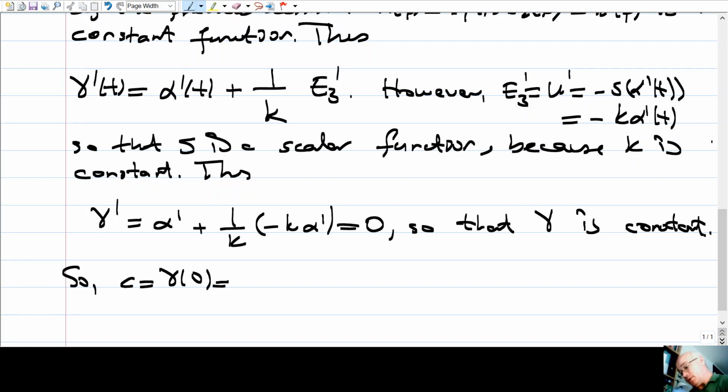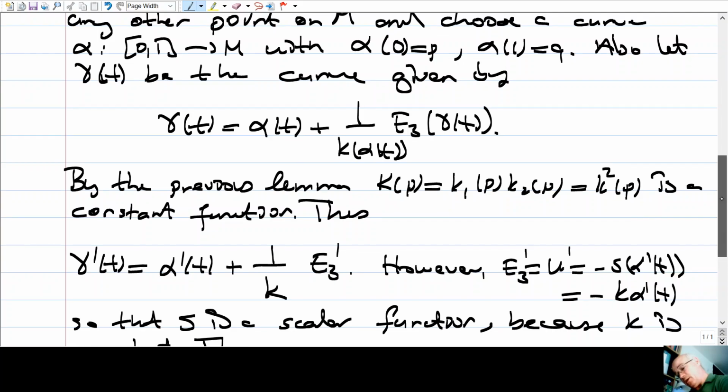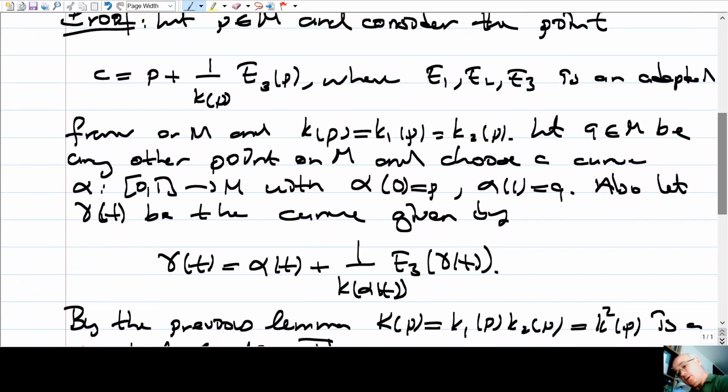When you plug 0 for t here, you get alpha 0, and then K, and then you get this, which is C. So when you plug 0, you get P here, P here, P here, exactly this expression.